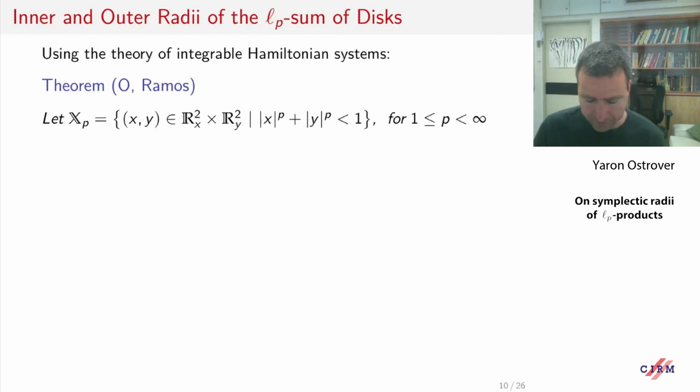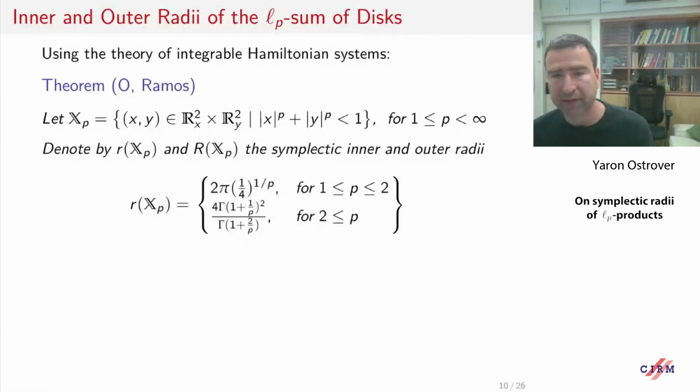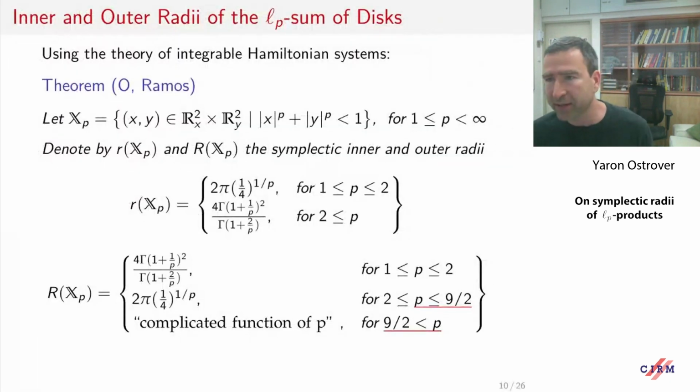So here is the answer. The inner radius can be computed explicitly. Here are the two formulas. There is a certain phase transition at P equals 2. And the outer radius, slightly more difficult to compute, can also be computed explicitly.